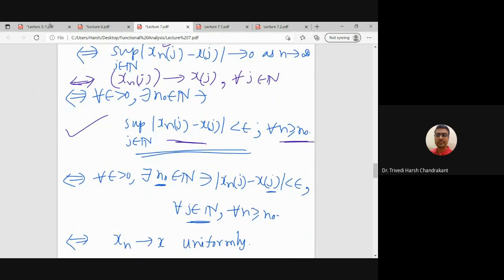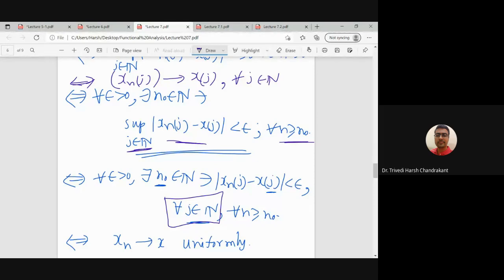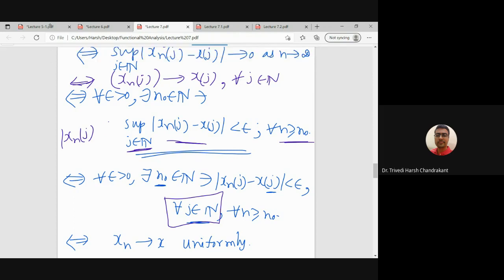Since it is happening for supremum, it holds for every j, right? Because supremum is like maximum. So this is greater than or equal to |x_n^j minus x_j|. |x_n^j minus x_j| is less than or equal to the maximum of this.